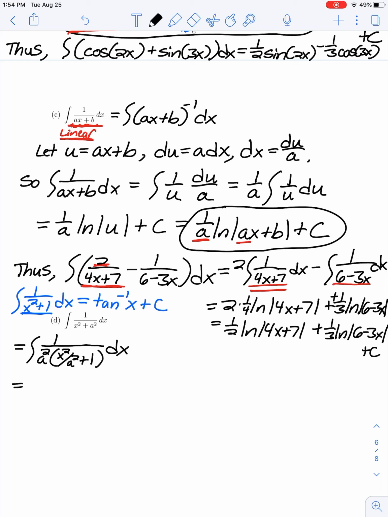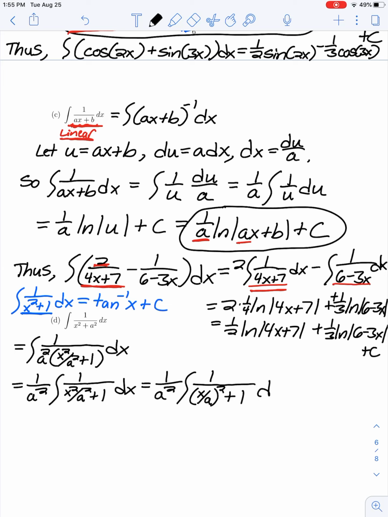And from there, I can take the constant factor of 1 over a squared out in front of my integral, and I have 1 over x squared over a squared plus 1 dx, which I could rewrite as 1 over a squared times the integral of 1 over x over a quantity squared plus 1 dx.